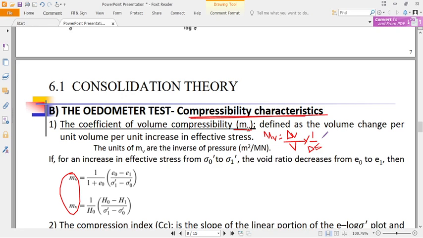So what is change in volume? Change in volume, we said, is a change in E, which is E naught, which is equal to change in E.